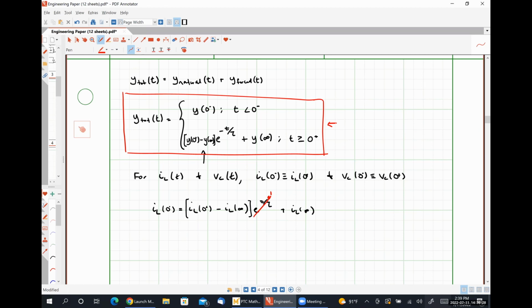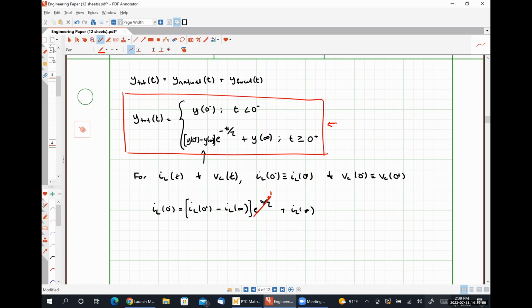There is a real reason to use one versus the other. If any independent sources are connected to our inductor or capacitor, we should be using the forced response equation, this one that I've boxed right here.